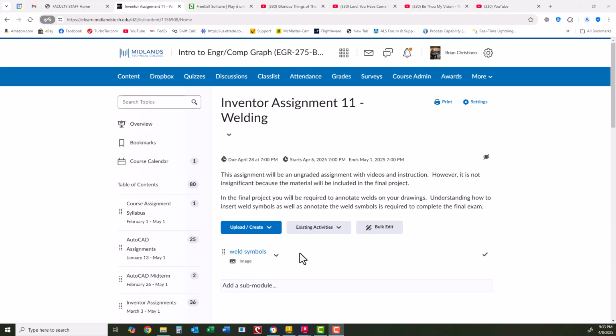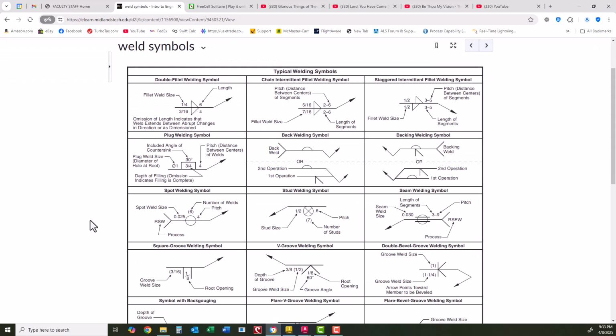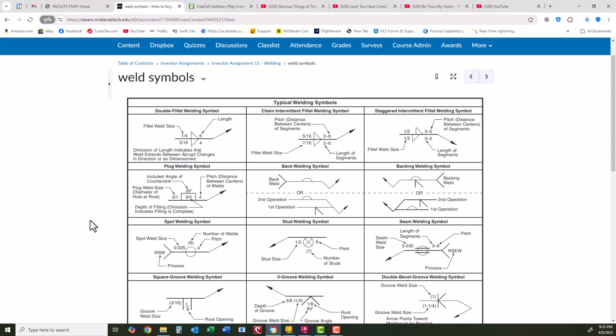So the first thing I'm going to do is I've put in here a sheet of weld symbols. And something important to remember, fortunately in most 3D software, the software puts the weld symbol in, and unless you are just grossly ignorant of what you're doing, you can easily insert the proper dimensions in the proper place.